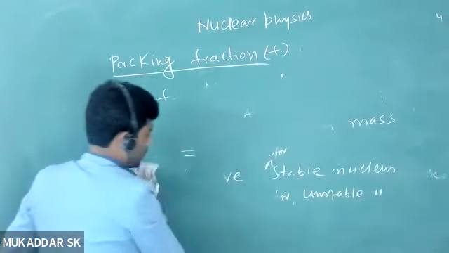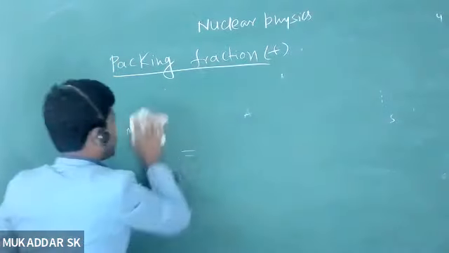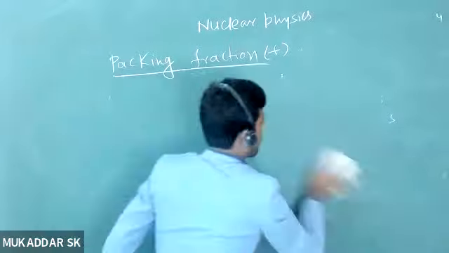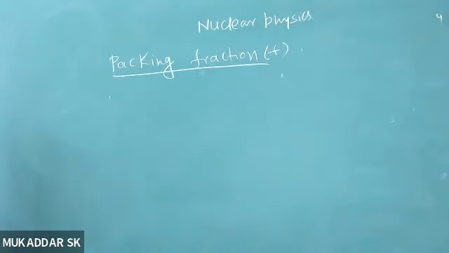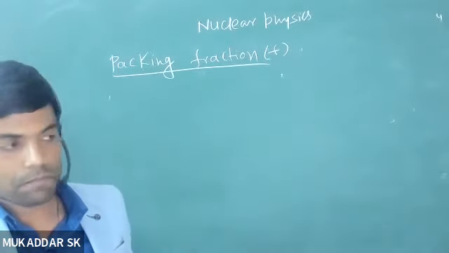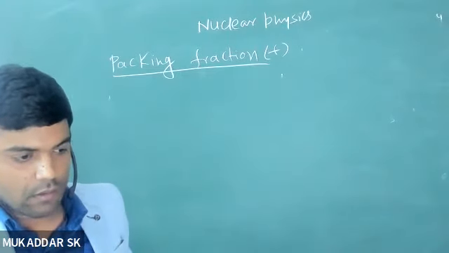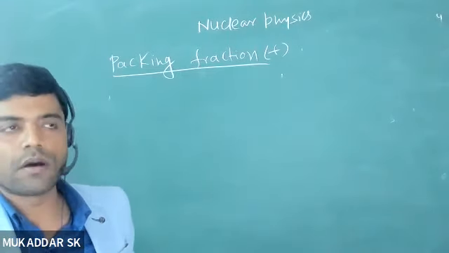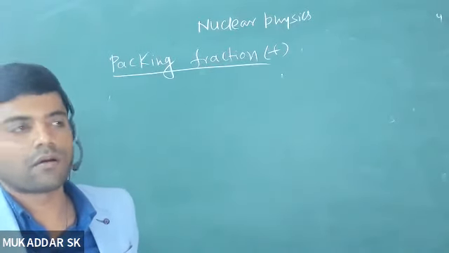that, as you have learned from the binding energy per nucleon curve also, light nuclei are actually not stable and heavy nuclei are also not stable. So what should we expect for the packing fraction of light nuclei? Positive, right? We have learned this thing: for low mass nuclei, binding energy per nucleon is low, I mean they are not stable.